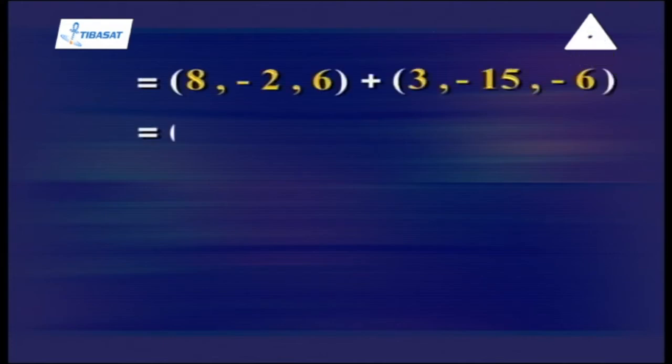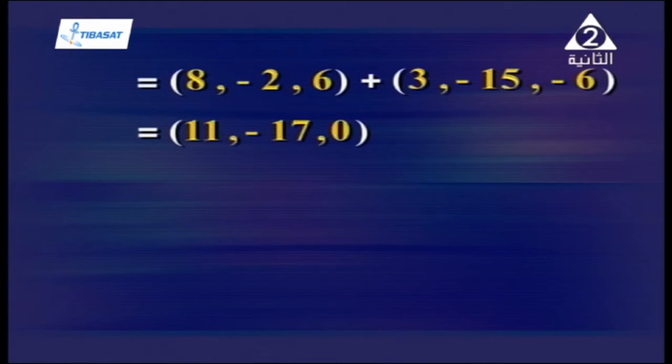The answer is (8, negative 2, 6) plus (3, negative 5, negative 6). Then x plus x, y plus y, z plus z. Component of x, 8 plus 3, 11. Component of y, negative 7. Component of z, 0.